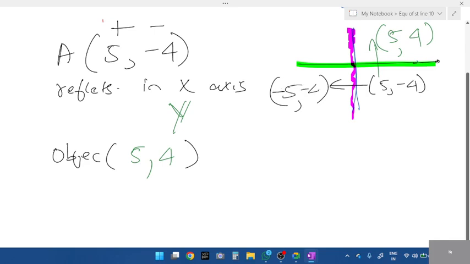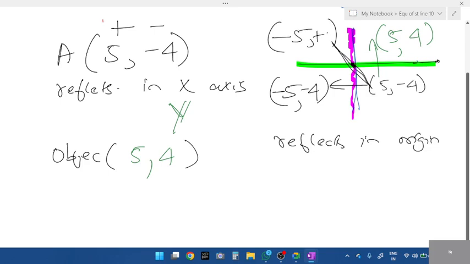Both are negative. Yes. Next, the same concept reflects in the origin. What do you mean by origin? Opposite direction. Opposite is which quadrant? Second quadrant. What is the value for the second quadrant? The first one is minus, the second one is plus 4. These are the answers.